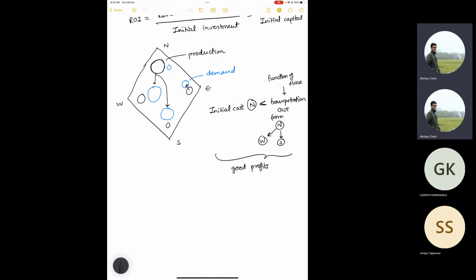It got costlier because the trucks that were carrying that product demanded more charges. The warehouses in which these products were stored all over the West and South India demanded more charges. So after a point, this initial cost benefit was not sufficient to compensate for the increase in the transportation cost.